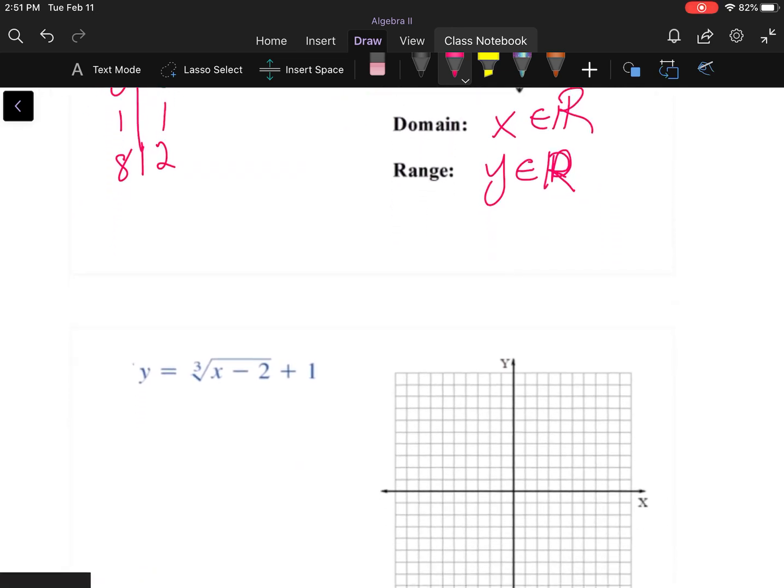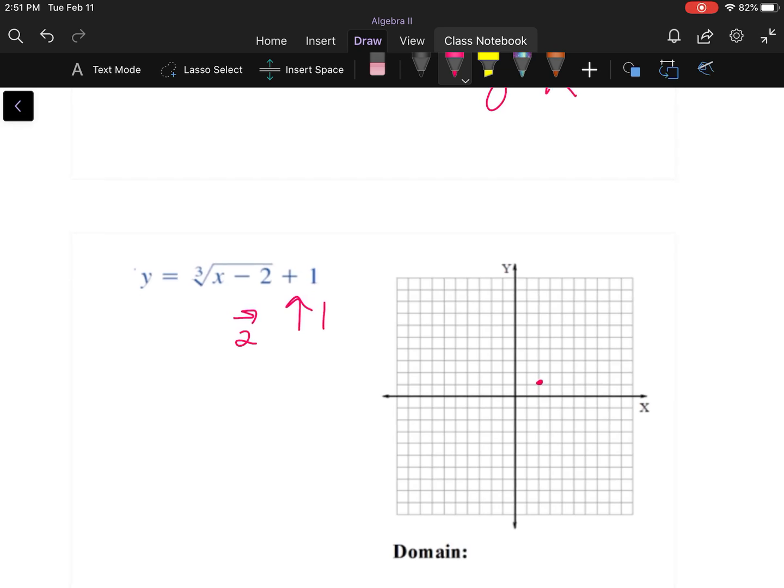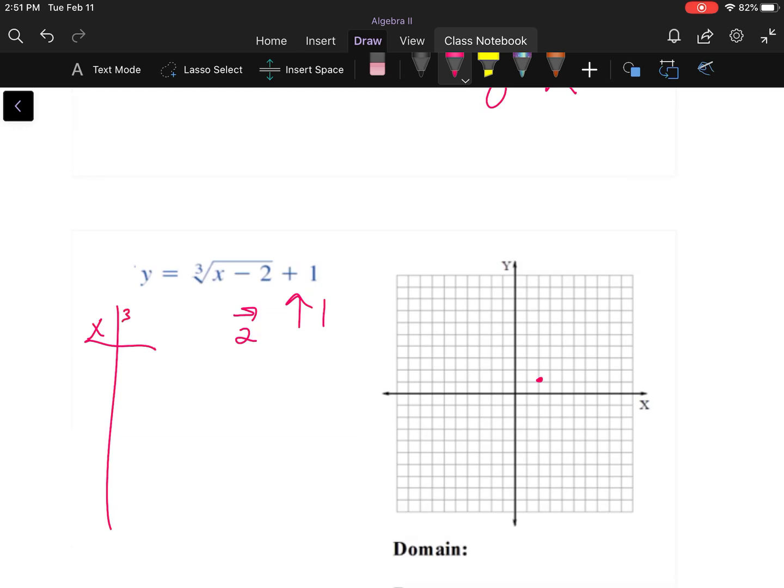So just going to take and I'm going to move some cubes around. So that means it's going to move 2 to the right and up 1. Okay, and then from 2, 1, I'm going to go over 8. 1, 2, 3, 4, 5, 6, 7, 8.